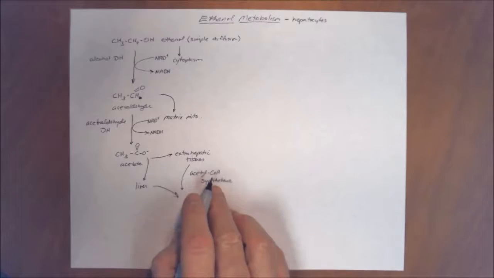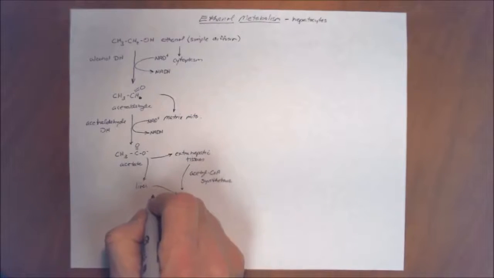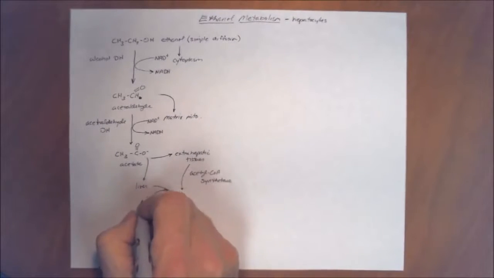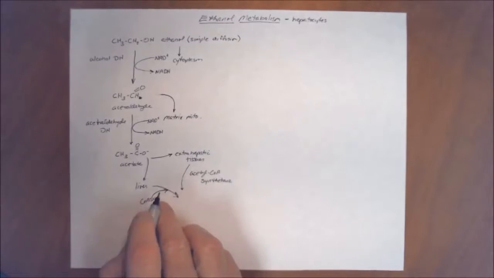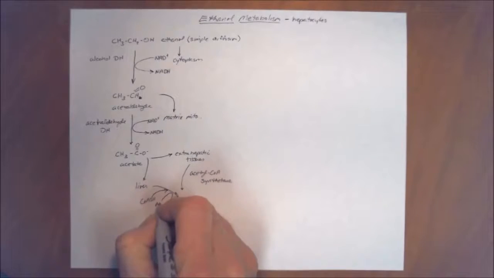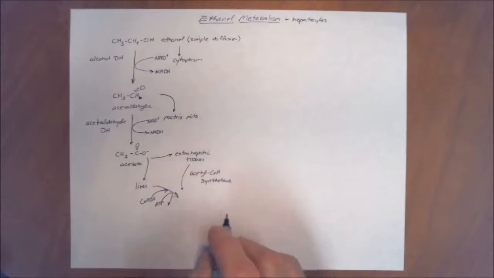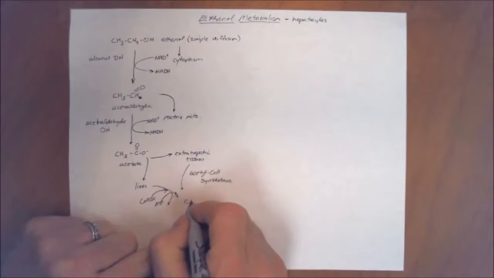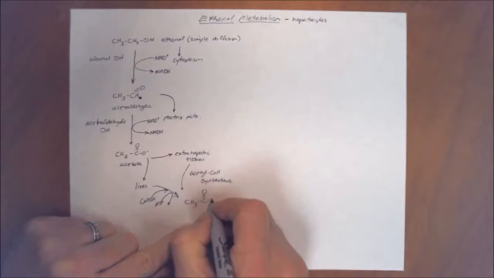This enzyme will take the acetate, it will add, of course, coenzyme A, and the energy to drive this reaction will be through ATP utilization. What we will end up with in the end is an acetyl-CoA molecule.